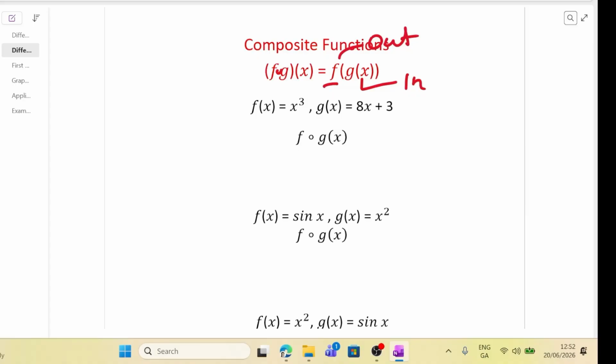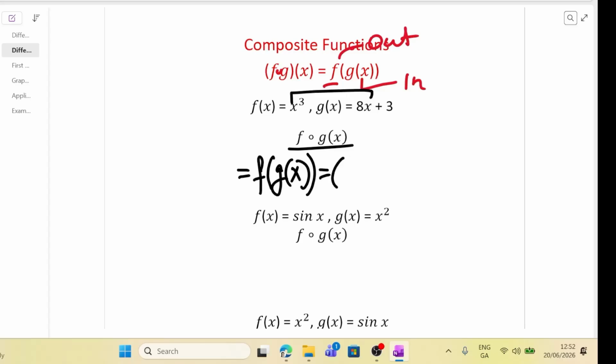So for the one that I have over here, instead of that dot or circle, let's call it this way, it's f after g, and then you have x, and then what we do, we sub in the entire g into f.